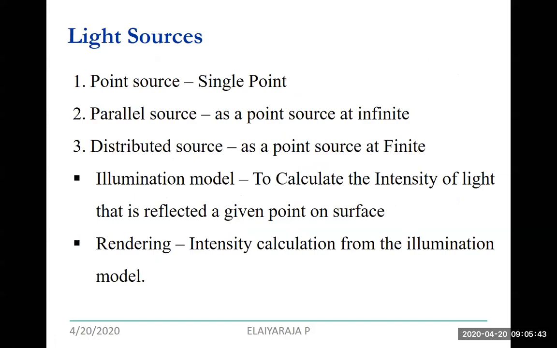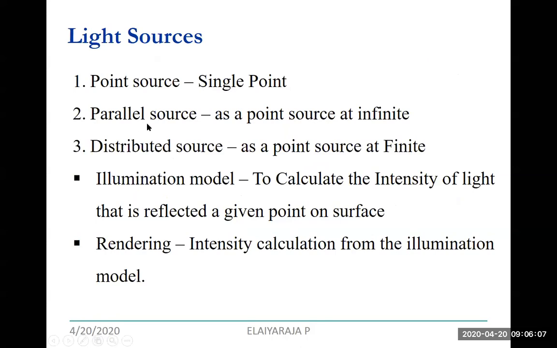We have point source, parallel source, and distributed source. When you take a point source, the light rays come from a single point. For example, you can take your mobile flashlight. It is a single point source.